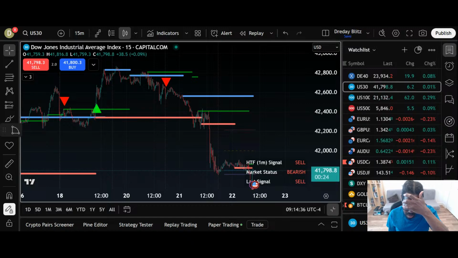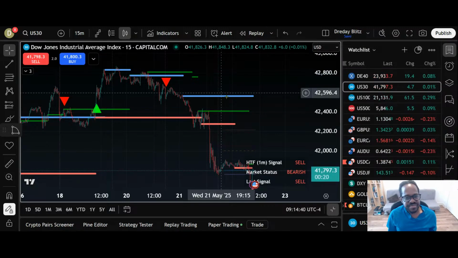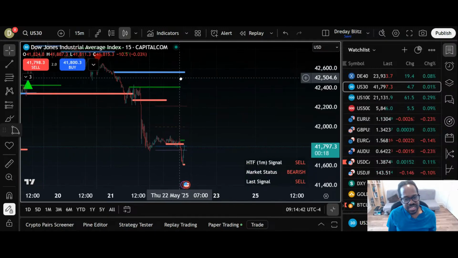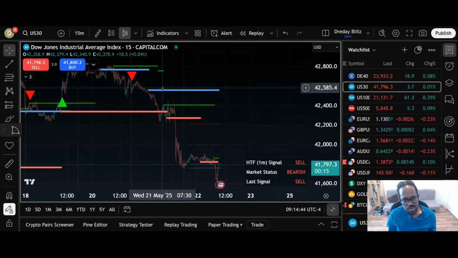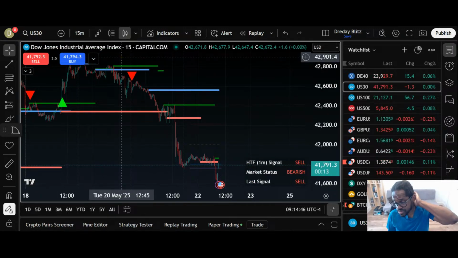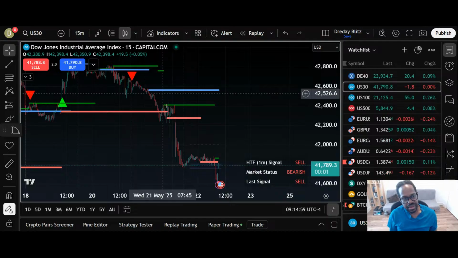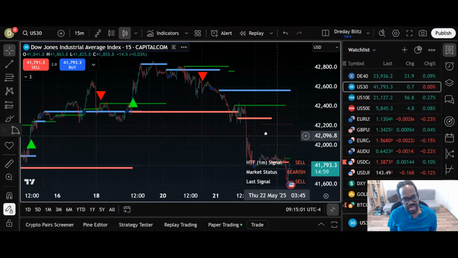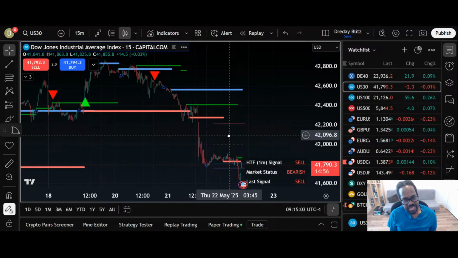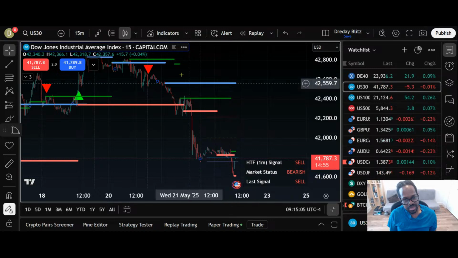So we're just going to wait for the start of the New York session. Since we already have sell setups here on all the indices, we're waiting for a buy signal for reversal. As I always say, the market goes up and down every day, and based on my indicator, we're waiting for a buy signal here because we already had a sell.